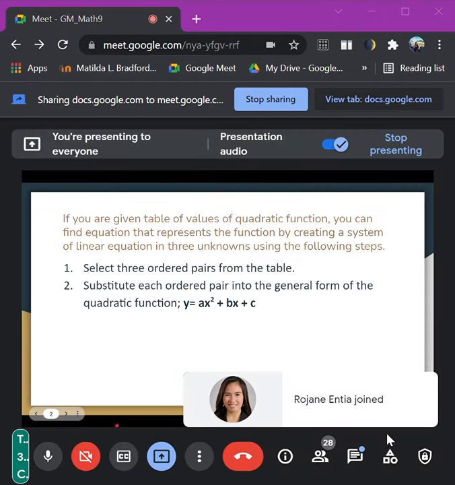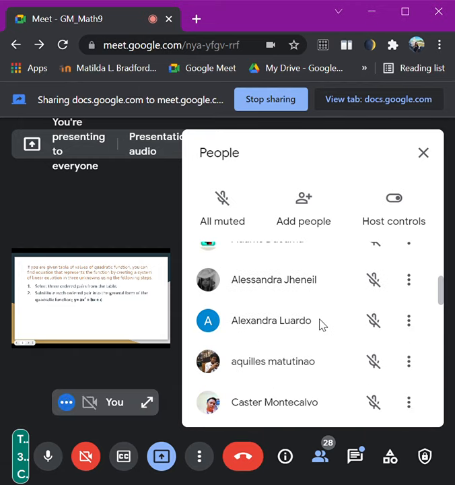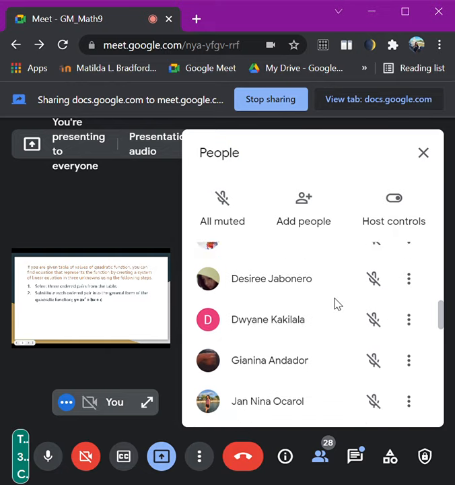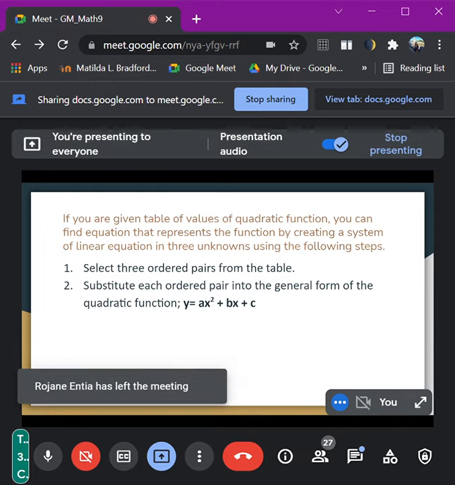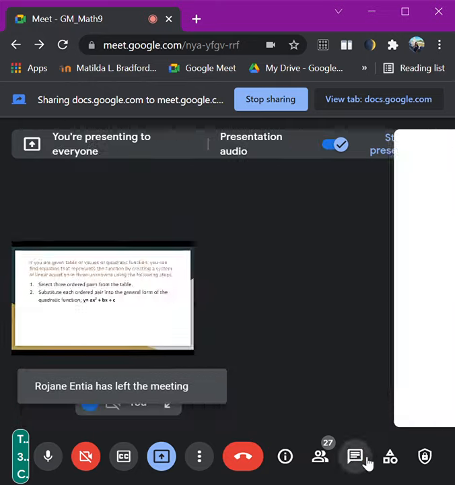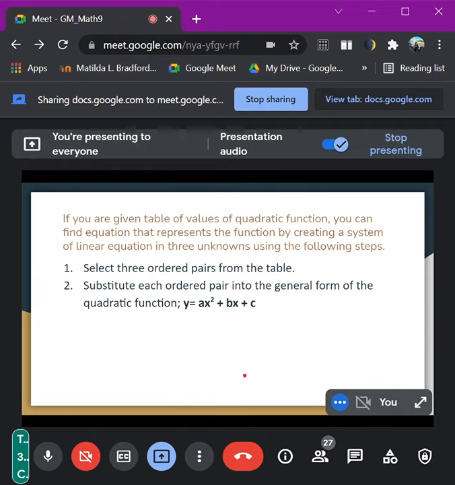And now, we have here number 2. Please read number 2. Substitute each ordered pair into the general form of the quadratic function y equals ax squared plus bx plus c.